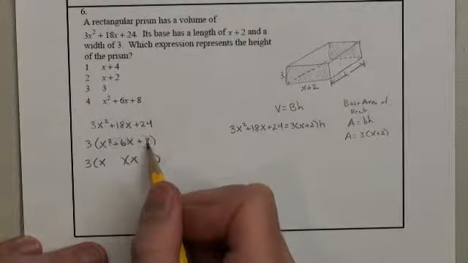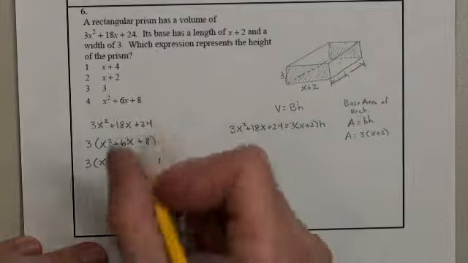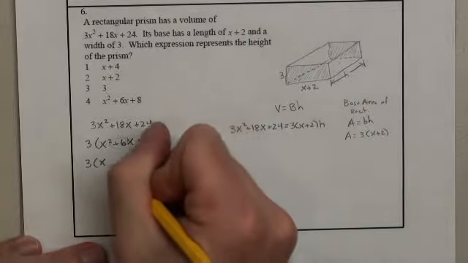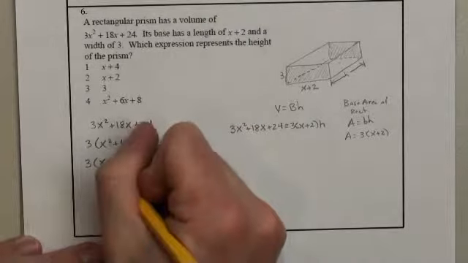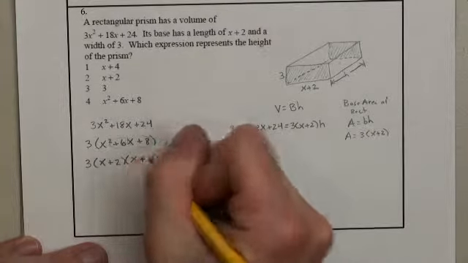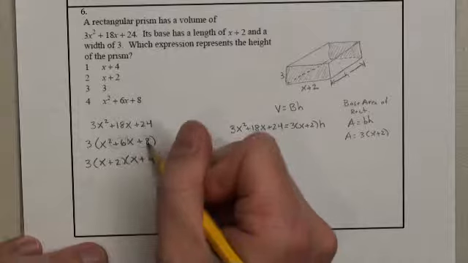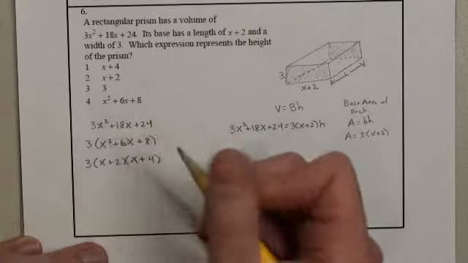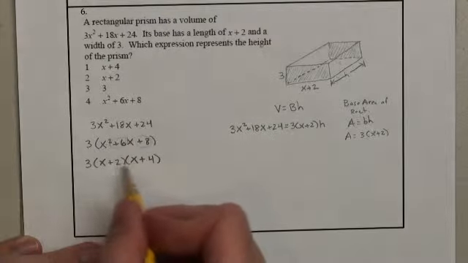So 1 and 8 are factors of 8, but they don't add up to 6. But 4 and 2 do add up to 6. Right? So positive 4 and positive 2, if you multiply them, you get 8. If you add them, you get 6. So those are our two factors.